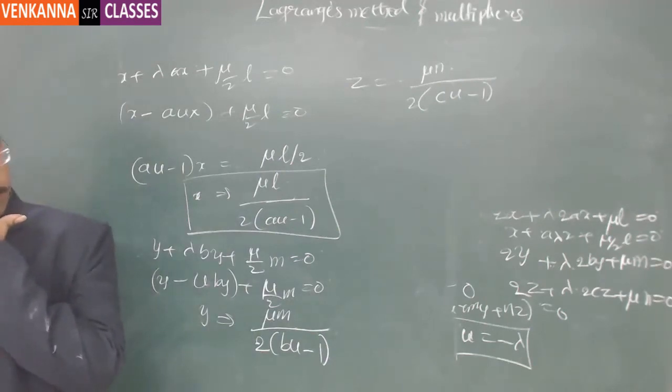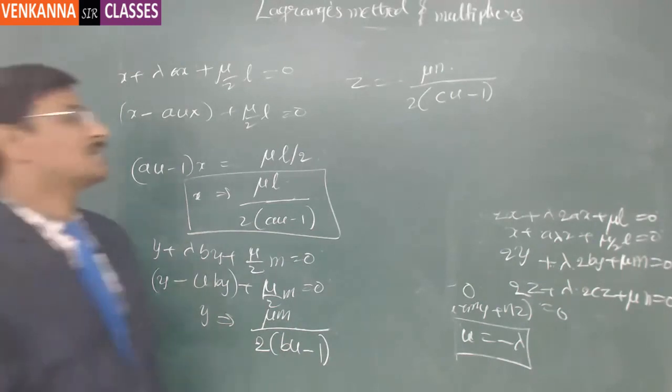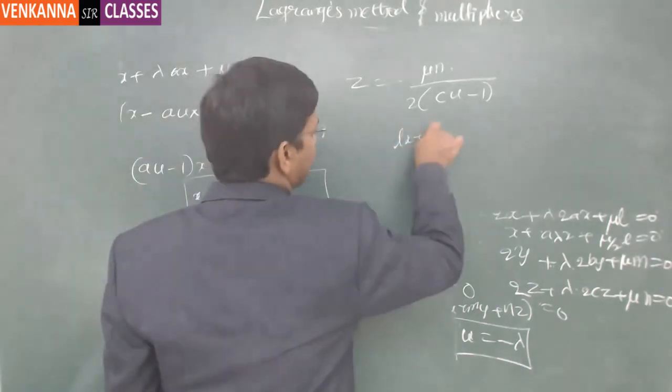Understood? Now these values, if you want to put them in the original equation, that is lx plus my plus nz is equal to 0.